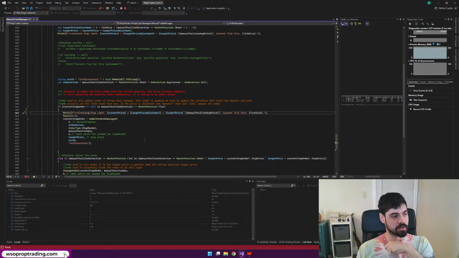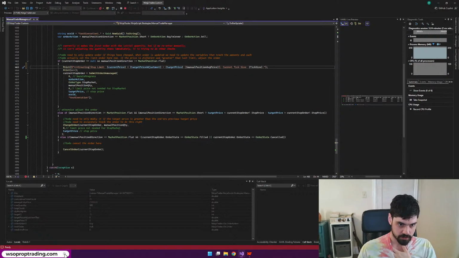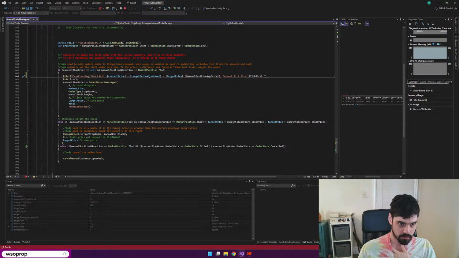This is kind of what I was talking about on yesterday's stream. This area is where I haven't really touched and definitely needs to be confirmed.